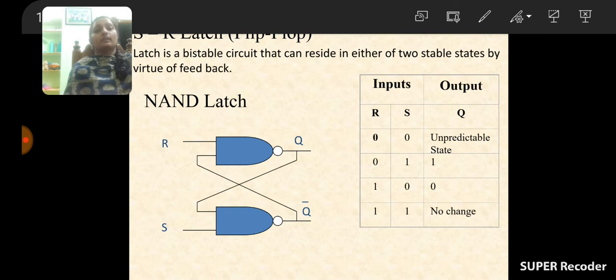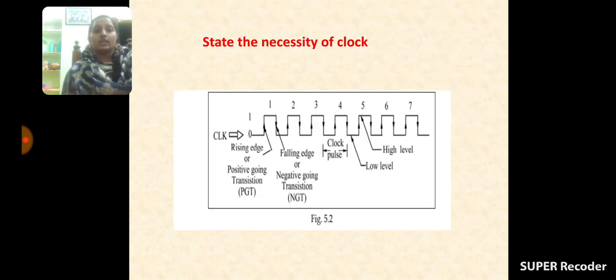After application of the clock pulse only, the inputs will be activated and the output is produced according to the respective inputs. Is it clear?